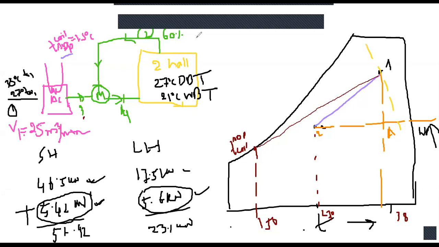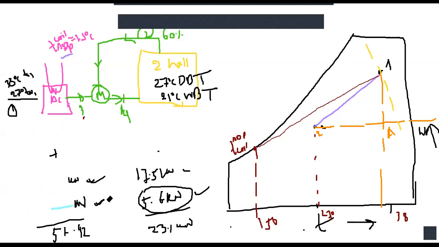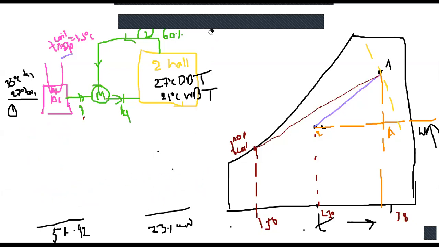Okay, now this amount is room sensible load, this is room latent load, because both sensible load is transferred to the room and both latent load is transferred to the room.